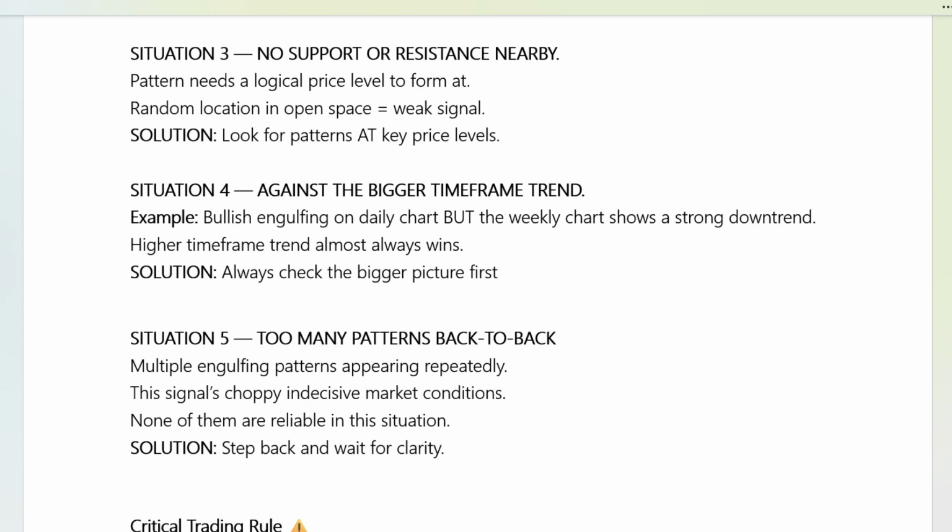The higher time frame trend almost always wins. Solution: always check the bigger picture first. Situation 5: too many patterns back to back. Multiple engulfing patterns appearing repeatedly signal choppy, indecisive market conditions. None of them are reliable in this situation. Solution: step back and wait for clarity.